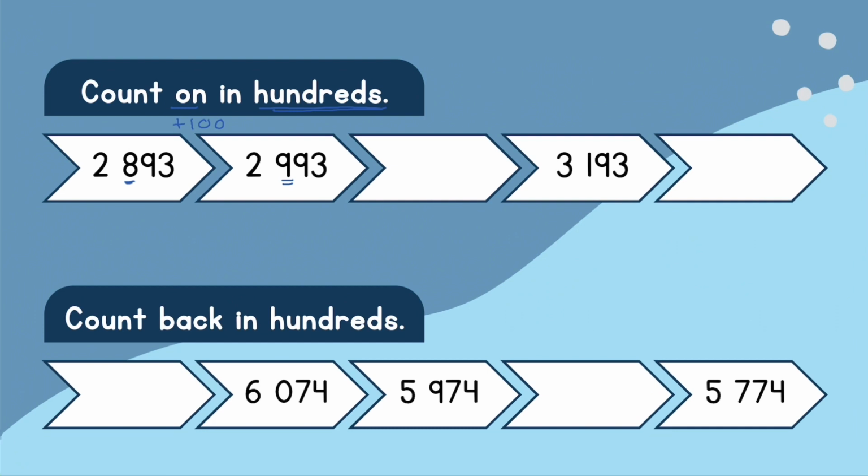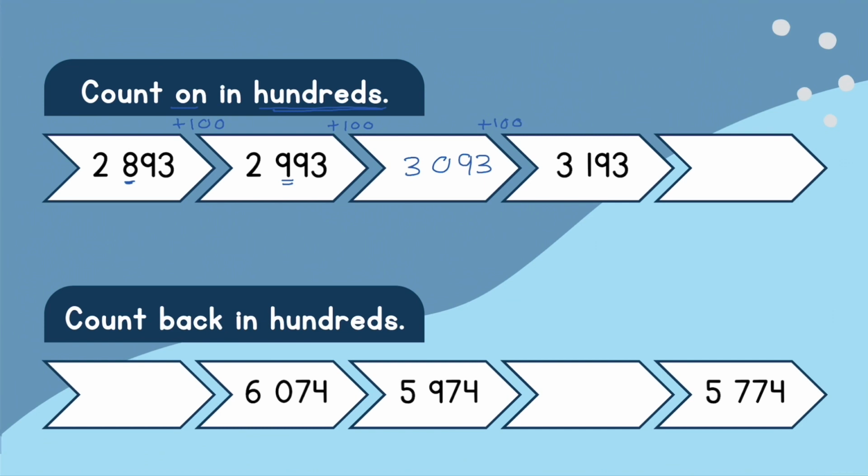So now from 2,993, if we plus another 100, it will be 3,093. Because 900 plus 100 will be 1,000. So the 2,000 will change to 3,000. Now from 3,093, we'll plus again with 100.